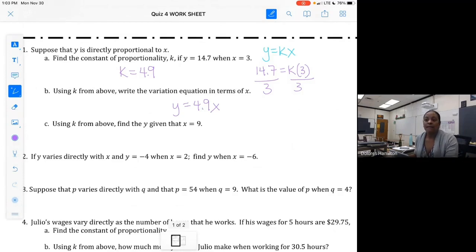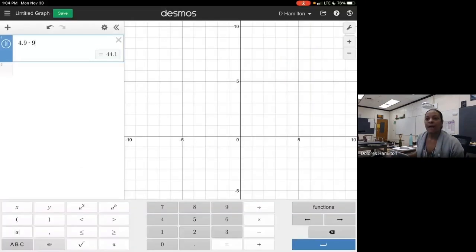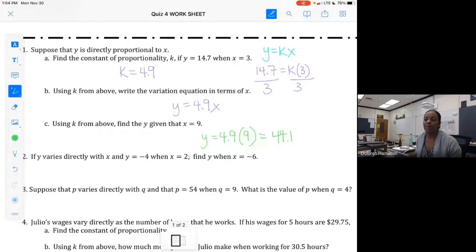Lastly, it asks us to then use that value to find y if we know that x is 9. So now we just plug in 9 for x. And we see that 4.9 times 9 is 44.1. So our y value is 44.1.